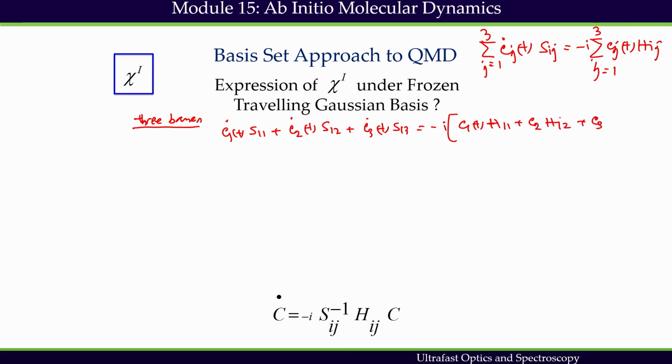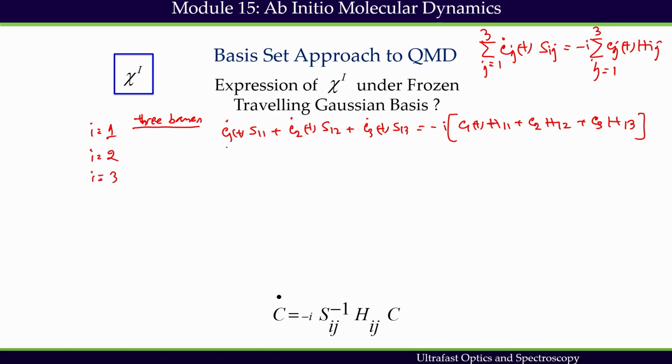I'm not writing these coefficients as a function of time, just to express it quickly. So this is one equation we get, and then i equals 1, then i equals 2, and i equals 3 I have to write.